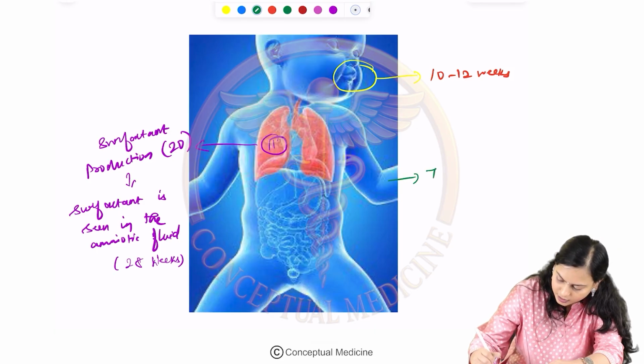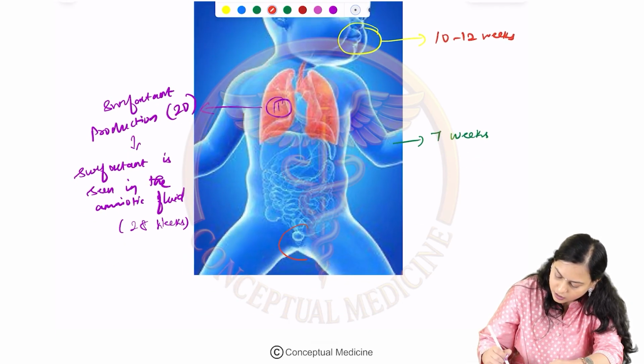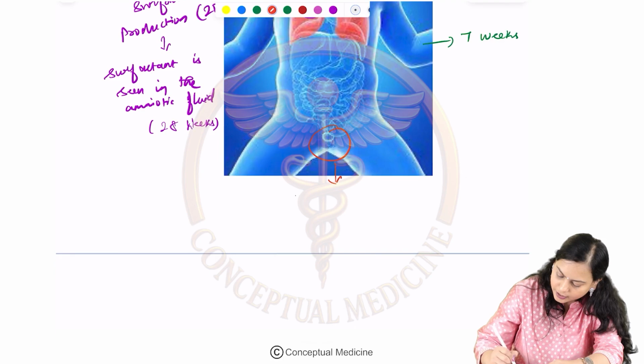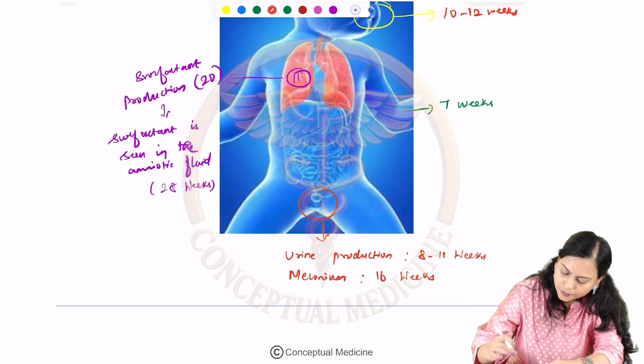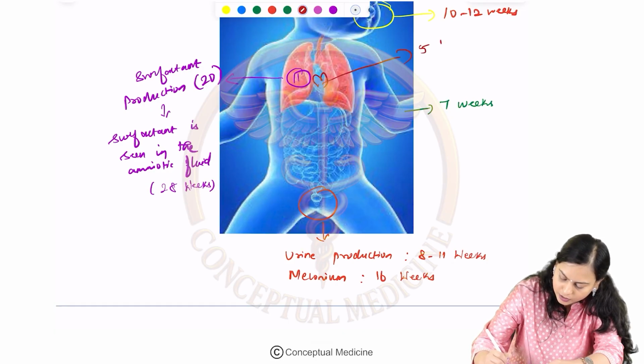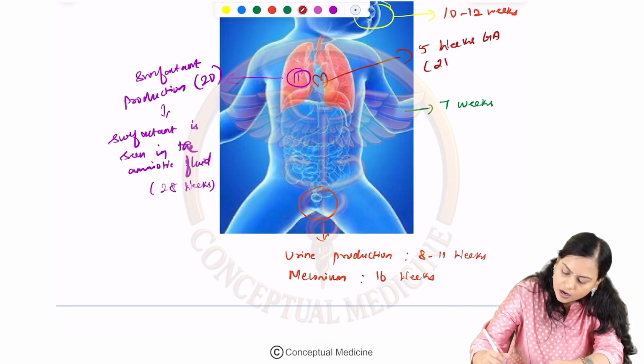Limb movements start around 7 weeks of gestational age. Urine production starts around 8 to 11 weeks of gestational age, and meconium production is around 16 weeks. The fetal heart starts beating around 5 weeks of gestational age, which is 21 days after fertilization.